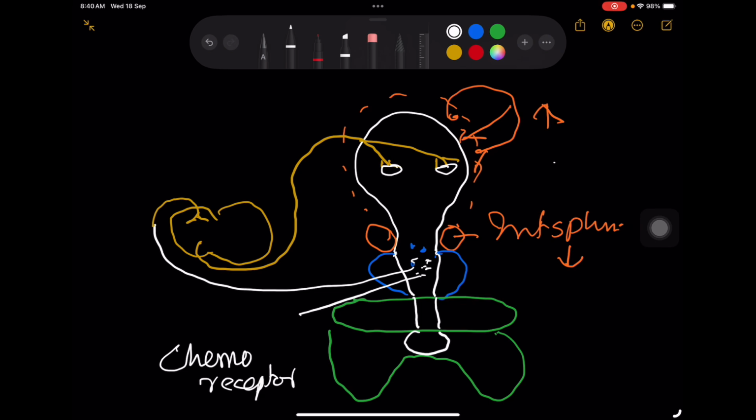Now, in the local reflex, the contraction is not coordinated. It is at local spaces, like atrial fibrillation. So this local reflex is uncoordinated, but this spinal reflex causes coordinated contractions from both the ureteric orifices.